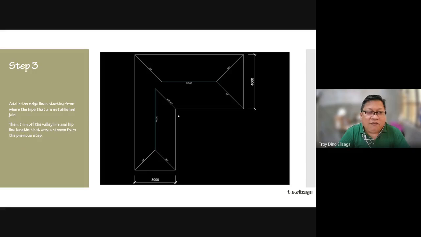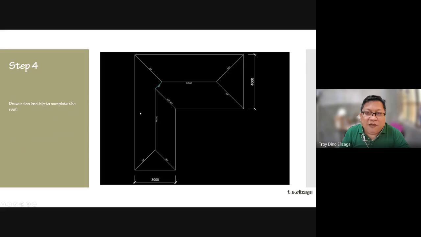Then trim off the valley line and hip line lengths that were unknown from the previous step. Okay, so on the upper left, you had a line which was just drawn in, and then it intersects with the ridge that we just drew now. So that intersection marks the end of that hip line and also the valley line at the bottom.